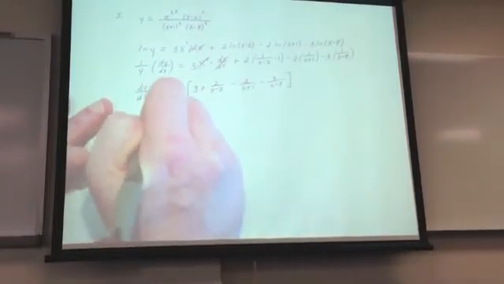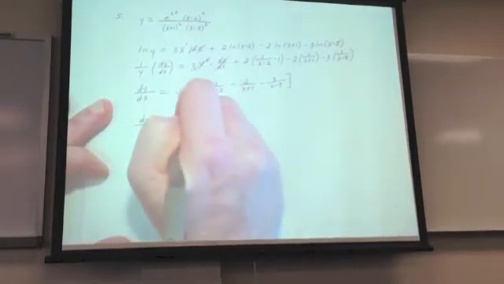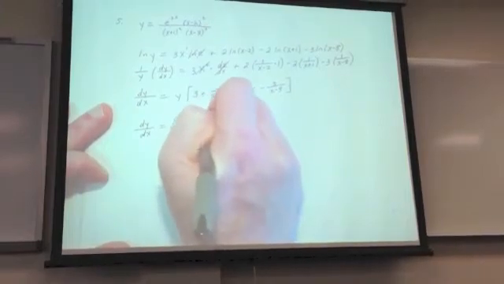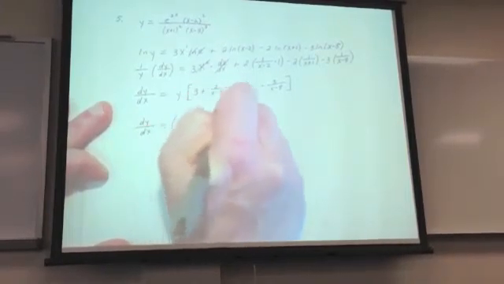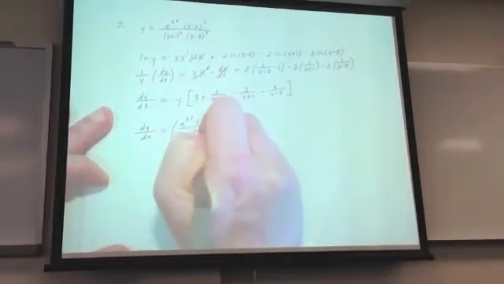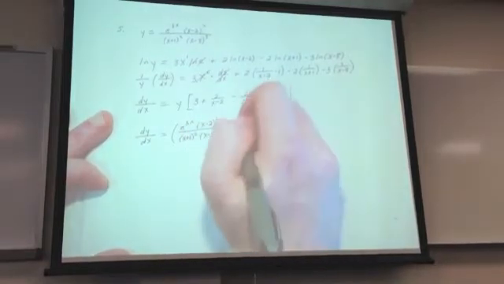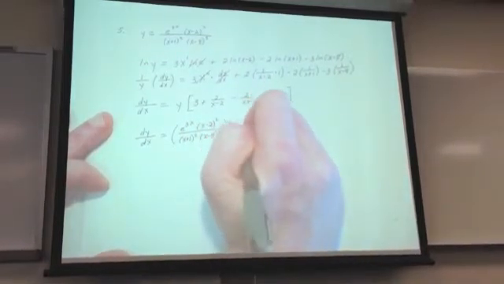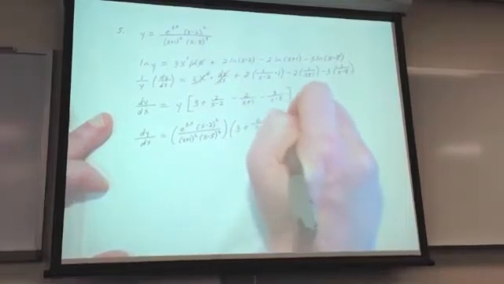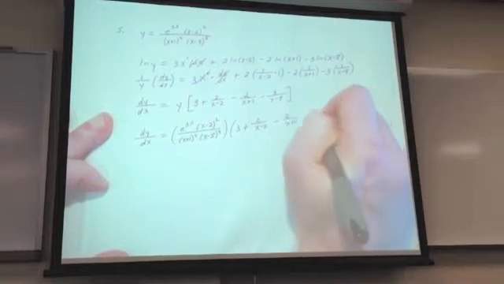So we'll say dy dx is equal to what we originally started with, e to the 3x, x minus 2 quantity squared, over x plus 1 squared times x minus 8 to the third, all of that times 3 plus 2 over x minus 2 minus 2 over x plus 1 minus 3 over x minus 8.